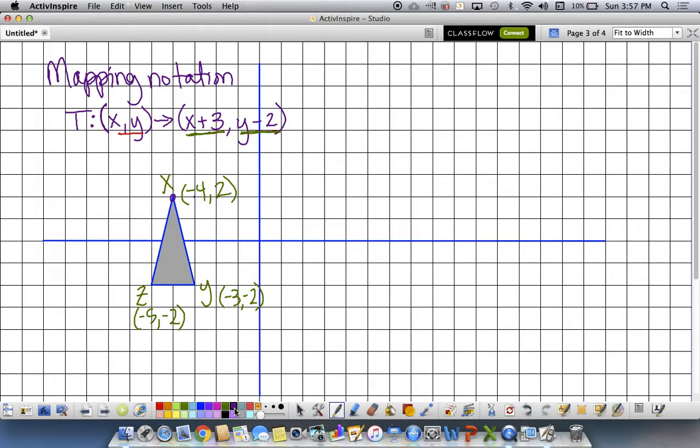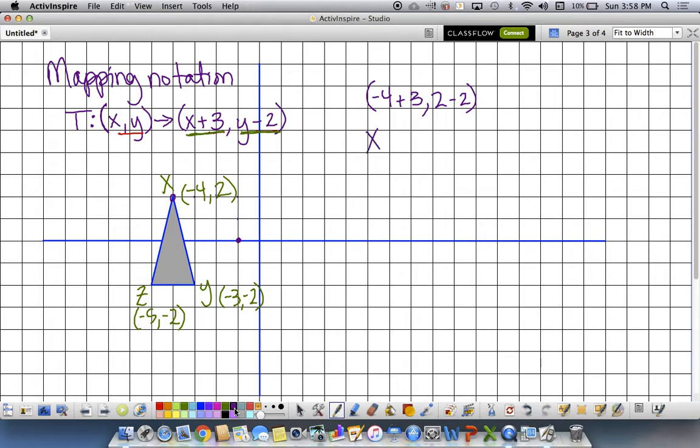I'm going to move it 3 units to the right and down 2. We take this negative 4, which is my x, plus 3, comma, y, which is 2, minus 2, to see what our coordinates would be.